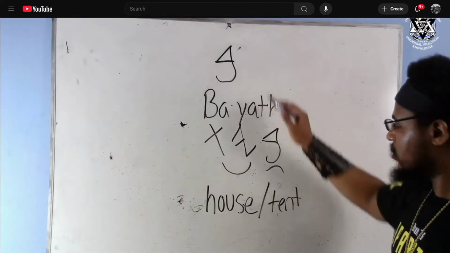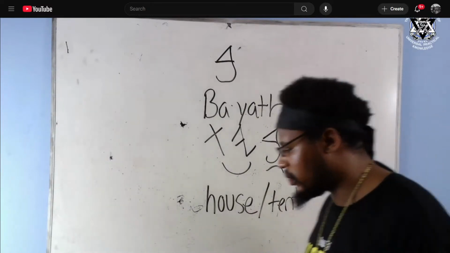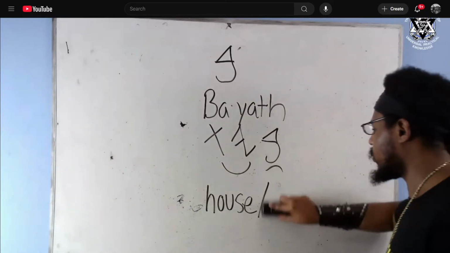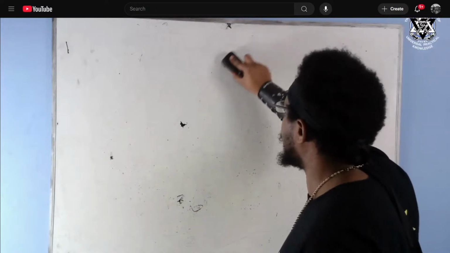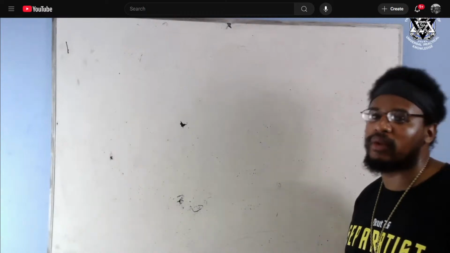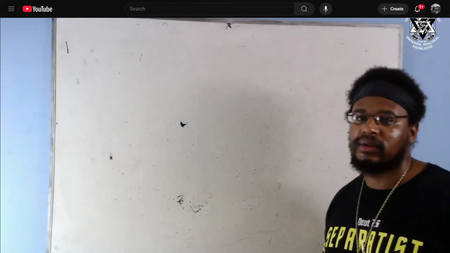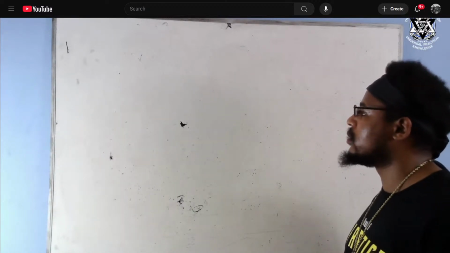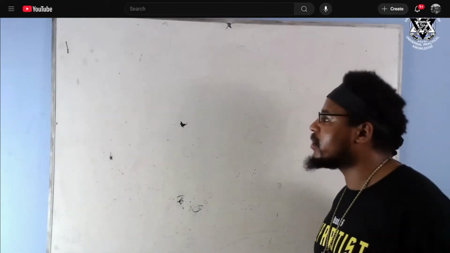This would be like a tent or a house, mostly a tent, because we moved. We didn't stay in one location. We had herds, we had cattle. We moved. We would move our tents, build them, take them down.